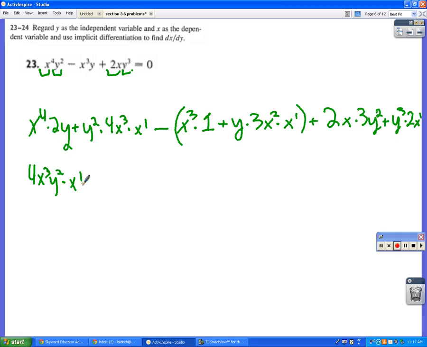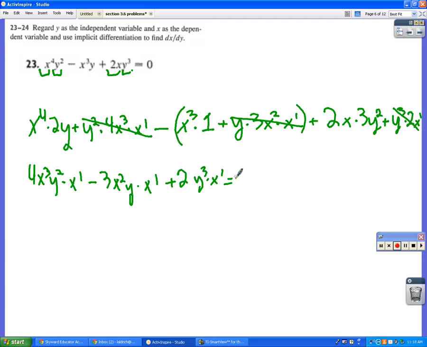This thing right here is secretly a negative, because this negative sign goes to both of those things. So that's going to be minus 3x squared y times x prime. Then this also has an x prime in there, so I need to go plus 2y cubed times x prime.